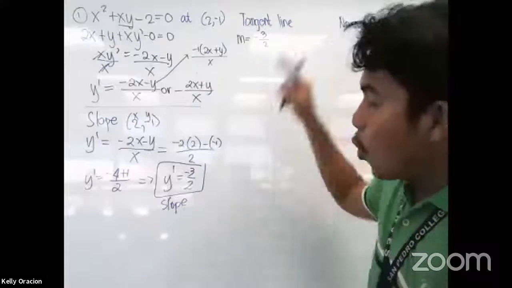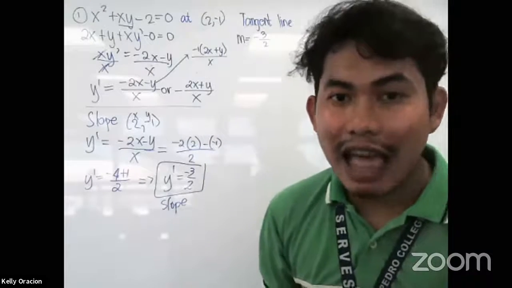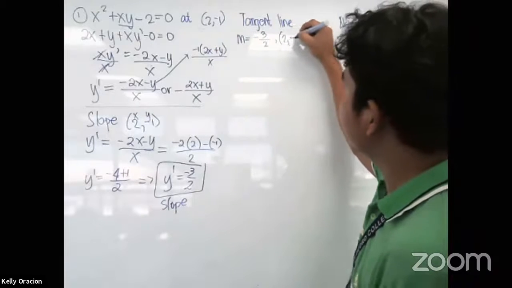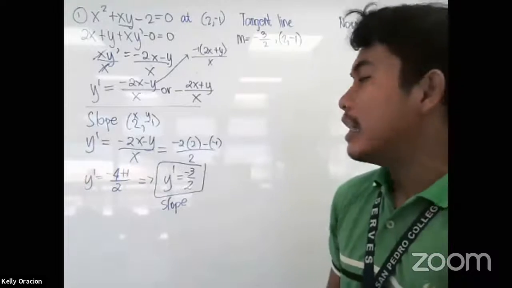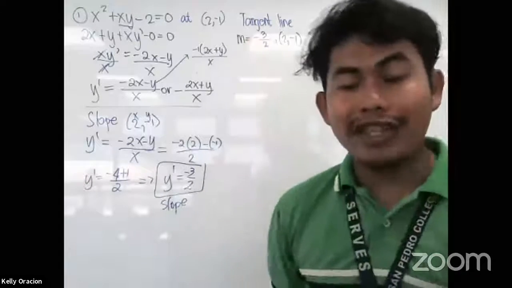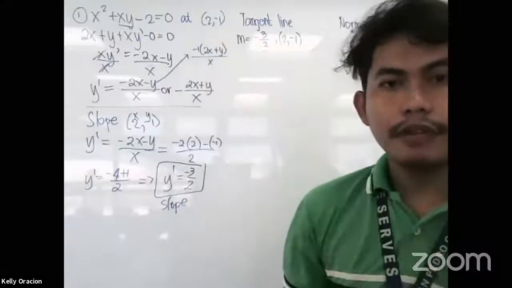Let's repeat it. Whatever slope you got here, that is the slope of your tangent line. Then, the given point.